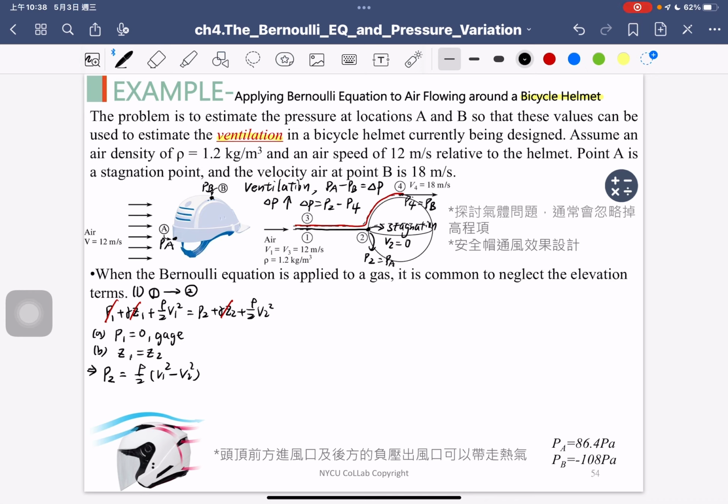So we go back to see the question. How can we know the V1 velocity? We actually know it because the number is shown here. And how can we know V2's velocity?